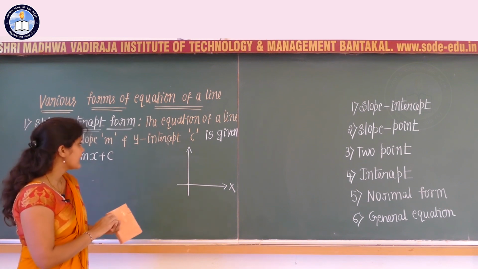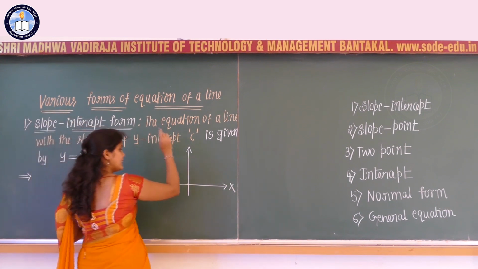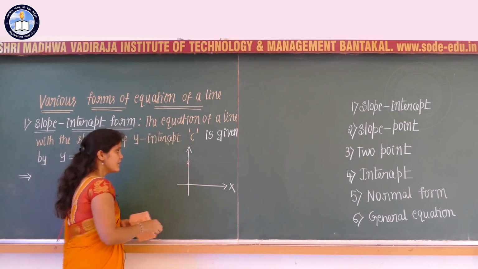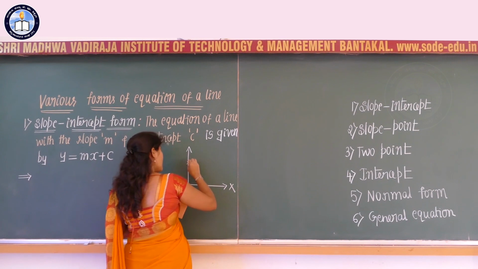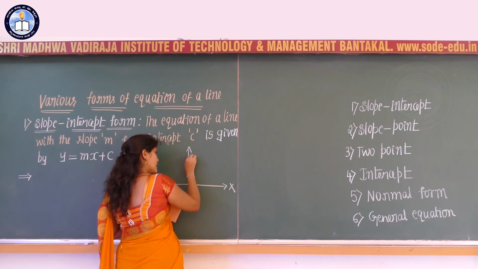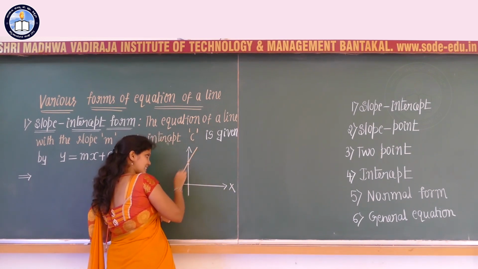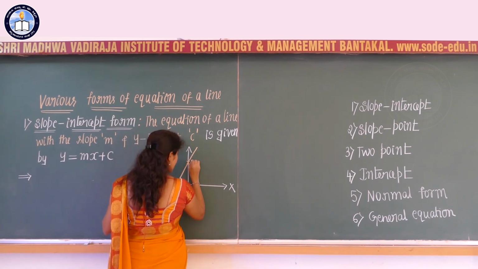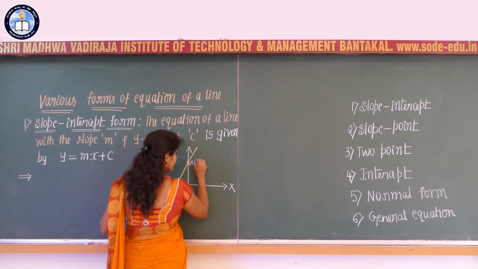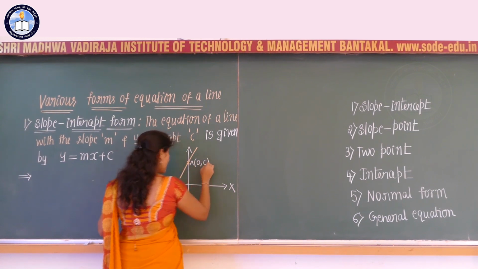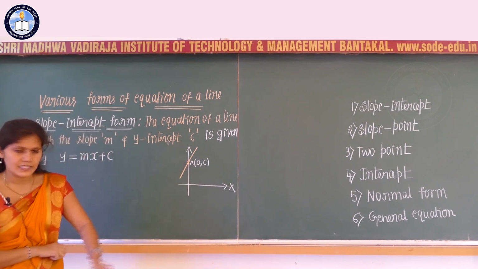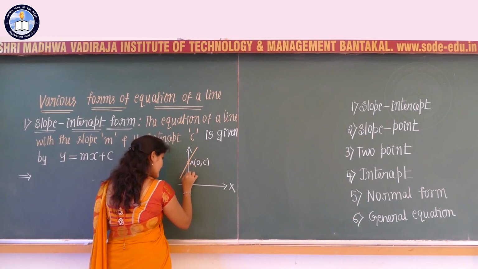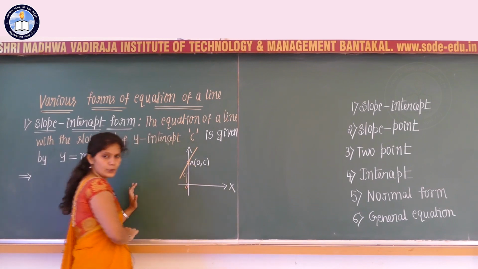Now I am considering a line with the y-intercept c. So we need to consider one line which passes through the point 0, c. Let me consider this as the line, and at this point of intersection I am going to consider the point A with the coordinates 0, c, because that is the y-intercept, and from the origin to the point A, this distance is nothing but c units, clear?